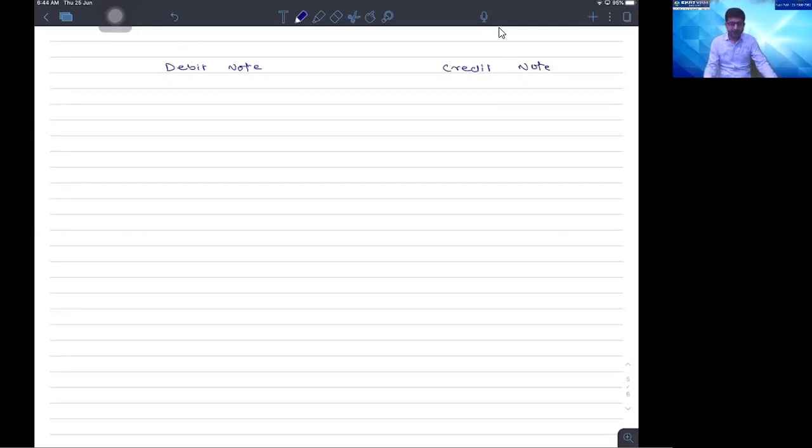Let me come ahead now. What is a debit note and what is a credit note? Let's observe that. A debit note is a document issued by a customer to his supplier.